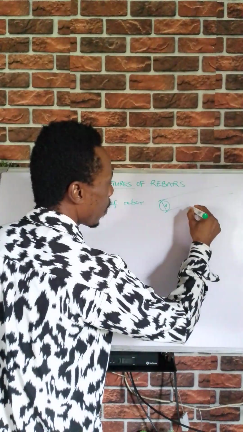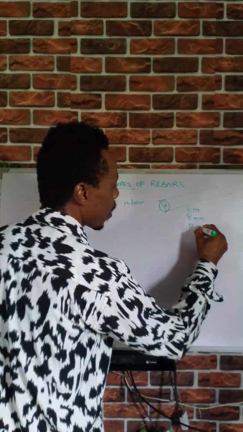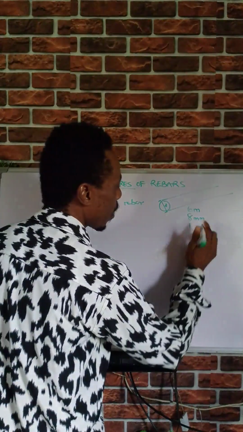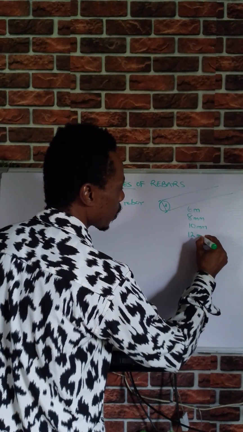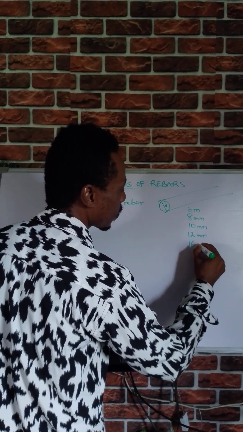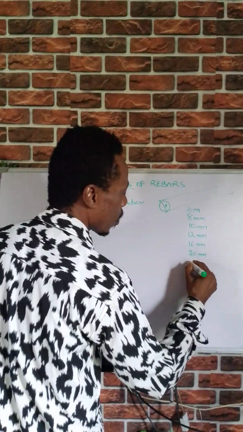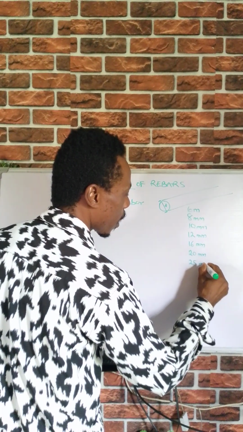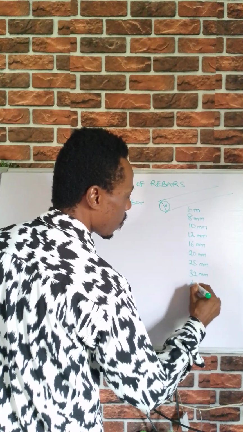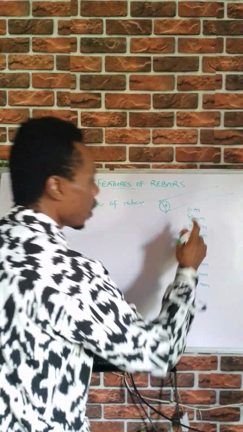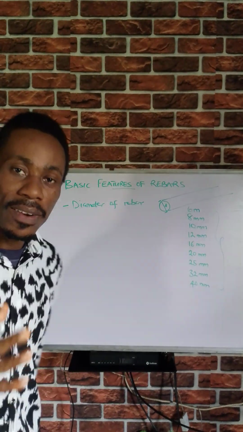We have 6 mm, 8 mm, 10 millimeters, 12 millimeters, 16 millimeters, 20 millimeters, 25 millimeters, 32 millimeters, 40 millimeters. These are the various sizes or diameters of our reinforcement.